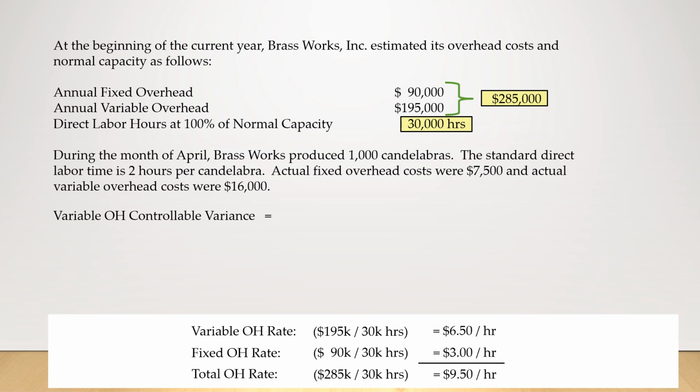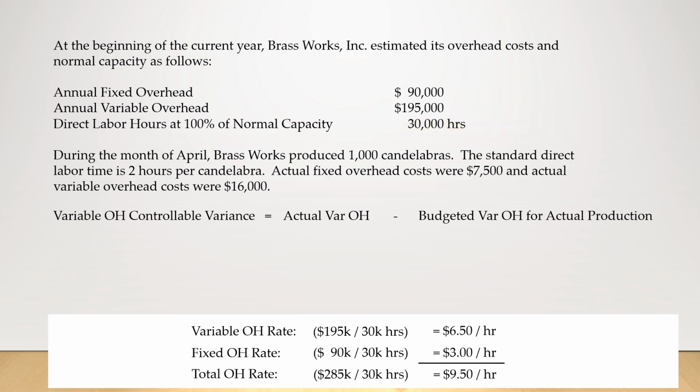As for calculating the variable overhead controllable variance, that amount is the difference between the actual variable overhead and the budgeted variable overhead for the actual production level. Actual variable overhead is given as $16,000.